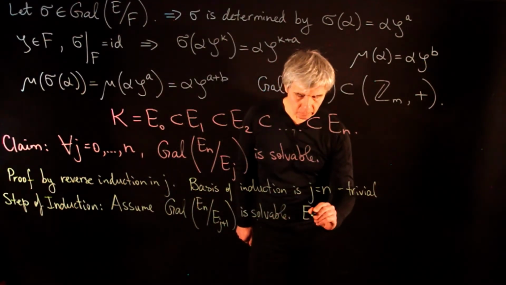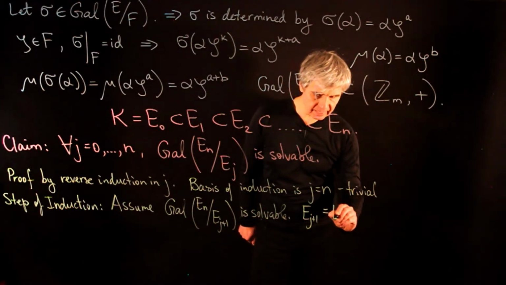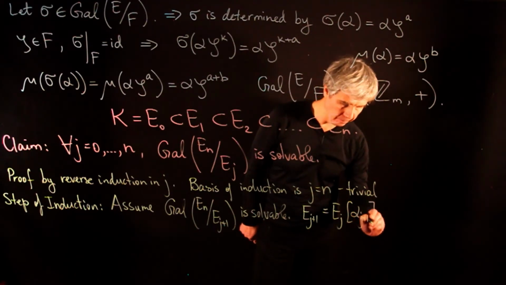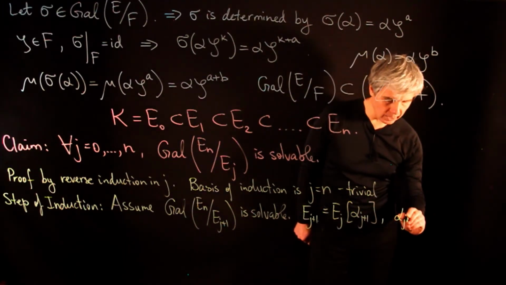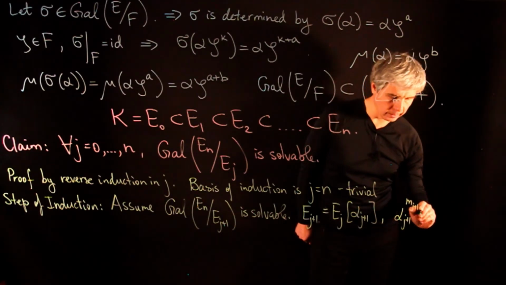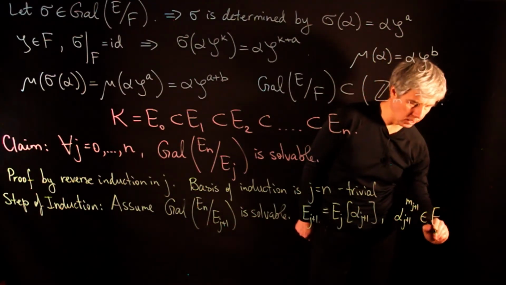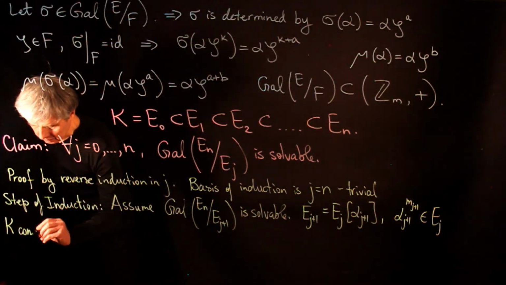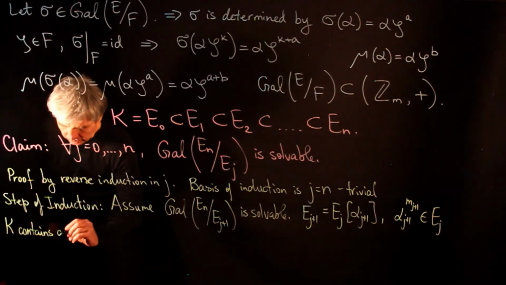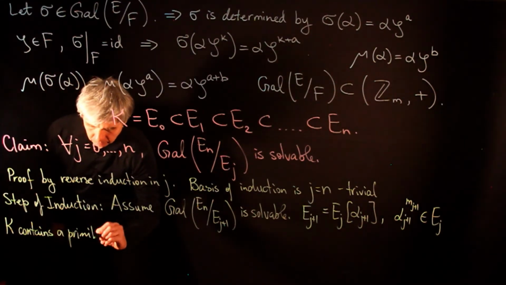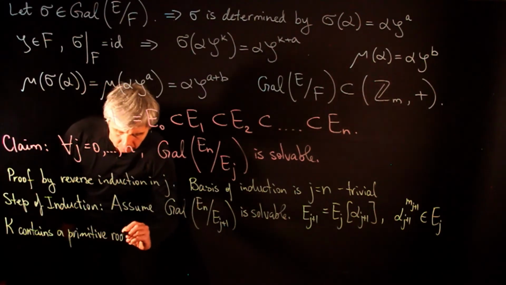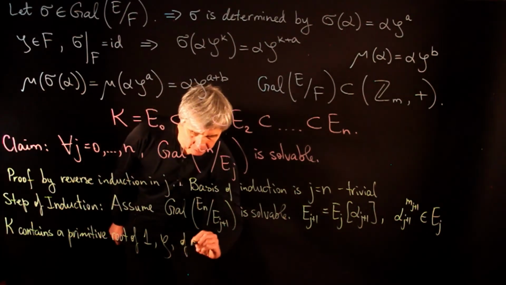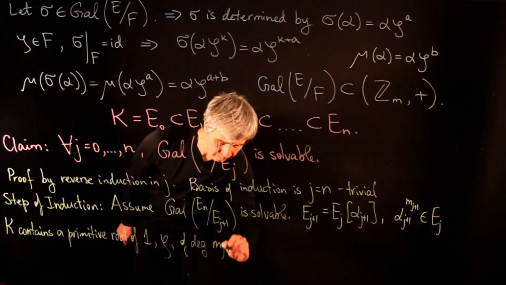We have that Ej plus 1 is the extension of Ej with adjoining element alpha j plus 1, with alpha j plus 1 to the power mj plus 1 belonging to the field Ej. By the construction of K, K contains a primitive root of 1, zeta, of degree mj plus 1.